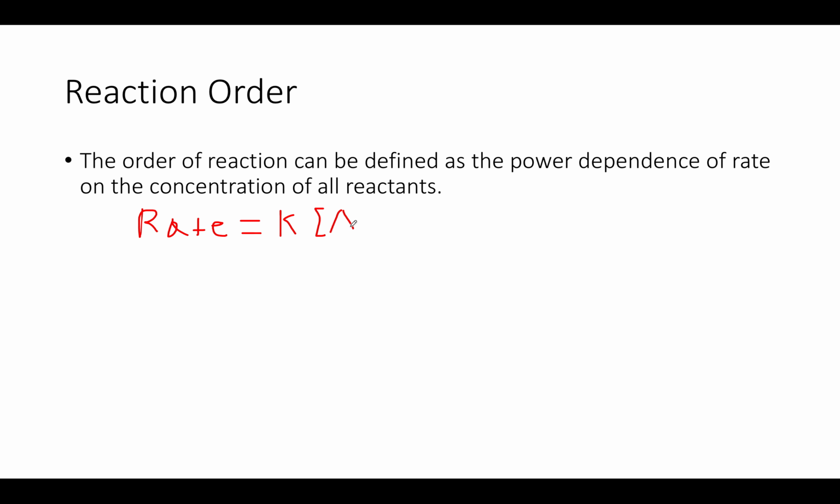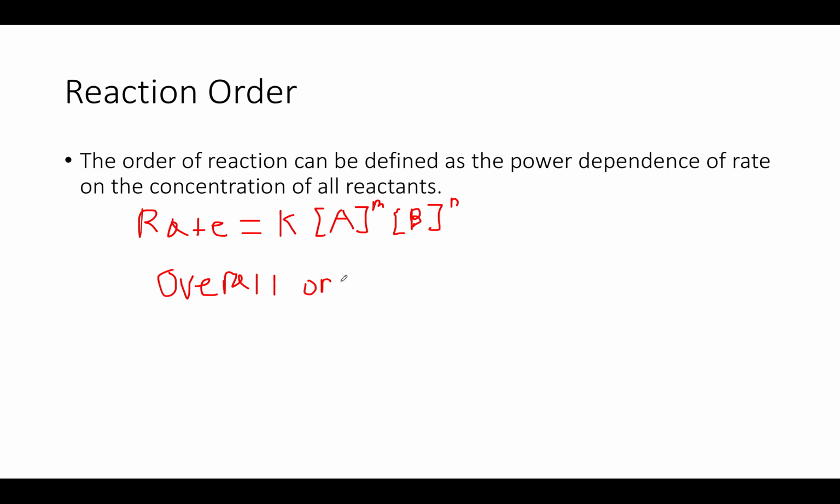It would also equal k times the concentration of your first reactant with an order with respect to that reactant, and the concentration of your second reactant with an order with respect to that reactant. So the overall order of a reaction can be determined from the rate law.